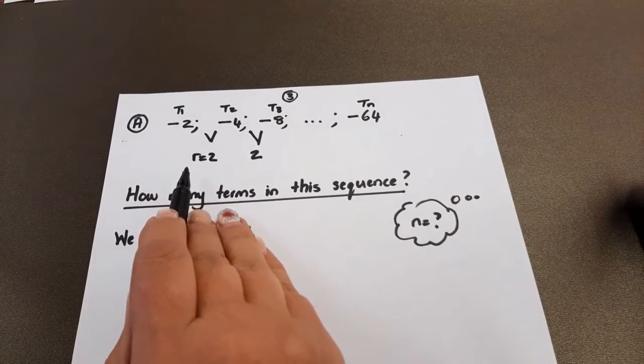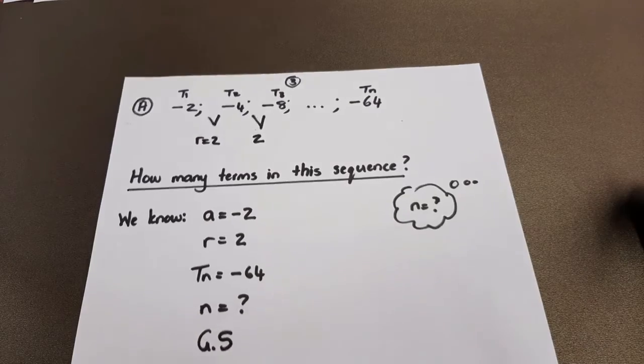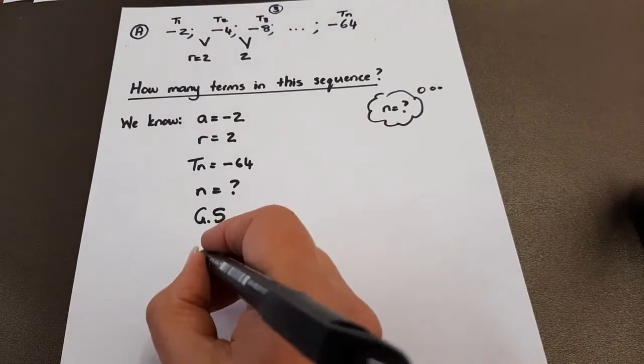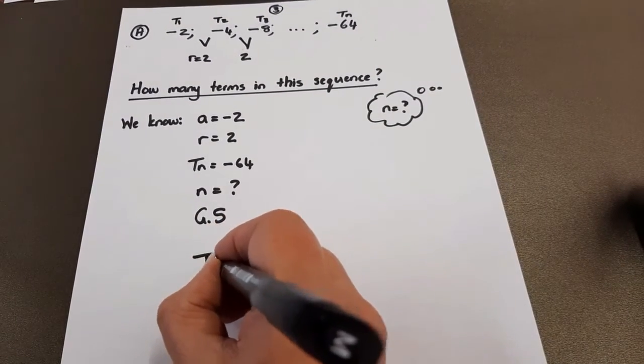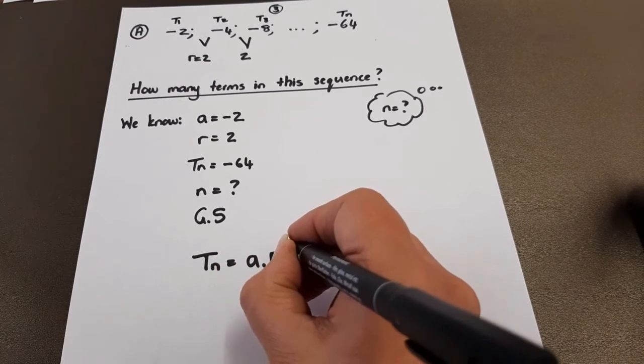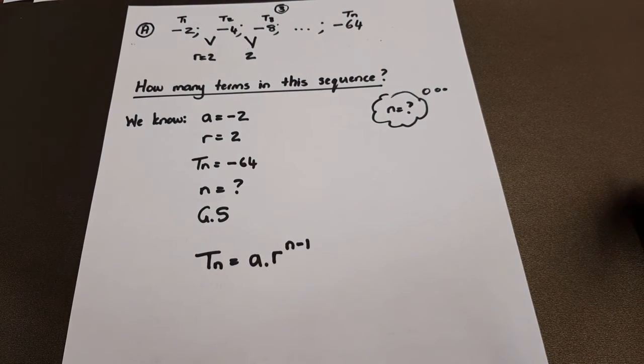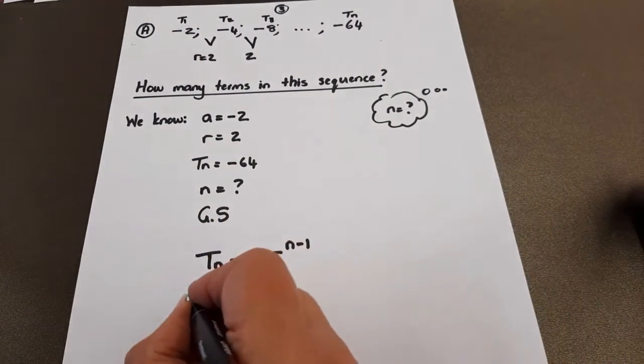We have a constant ratio, therefore it's a geometrical sequence. So we use our geometrical sequences formula. It's A times R to the power of n minus 1. Tn is minus 64.